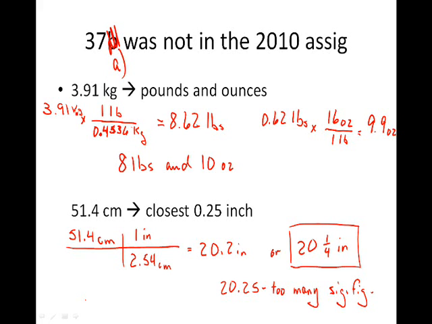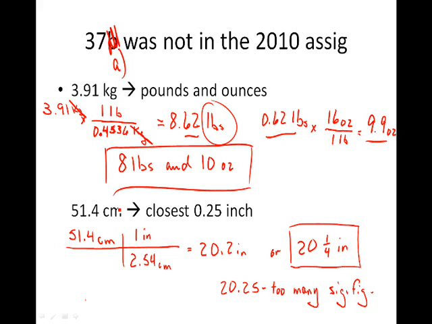And so remember to use the factor label method or dimensional analysis to make sure the units come out in the units you're looking for. In this particular case, it was supposed to be in pounds and ounces, so we took the 0.62 pounds and continued on to convert those into ounces and rounded that to 8 pounds 10 ounces.